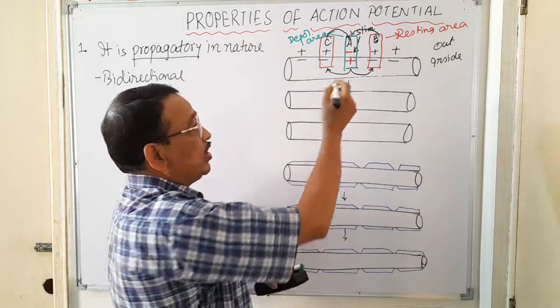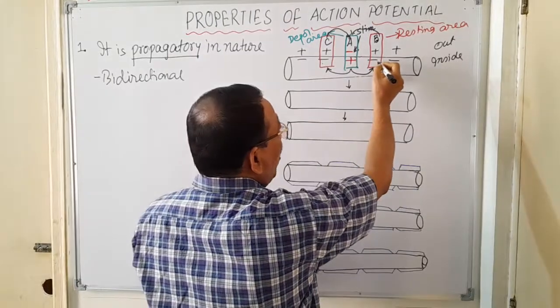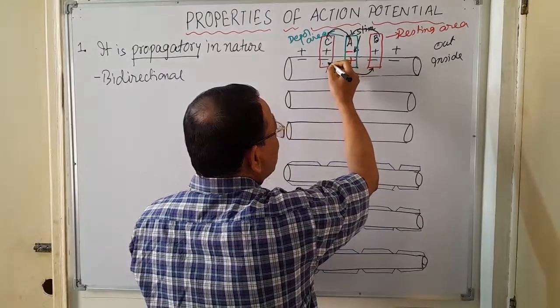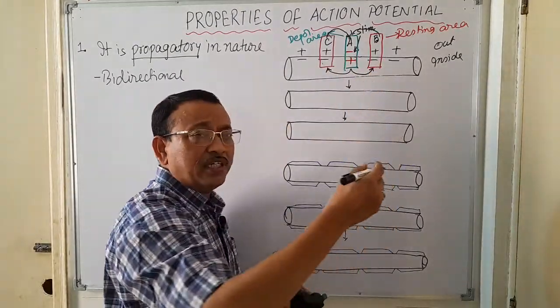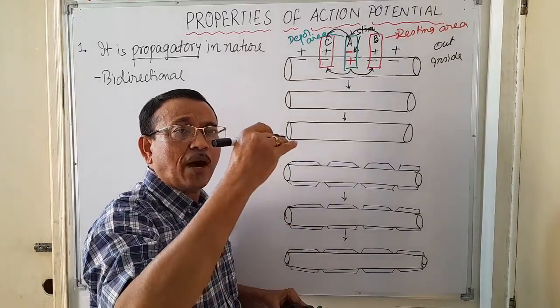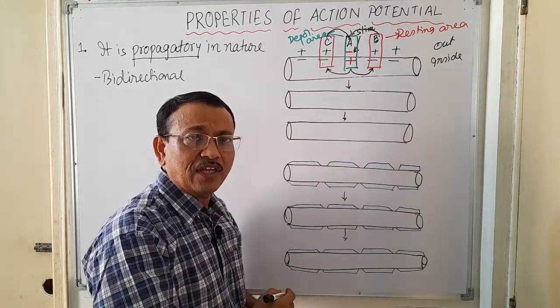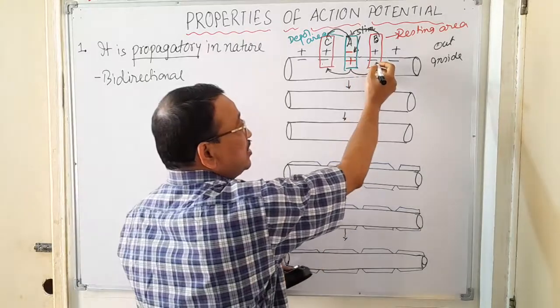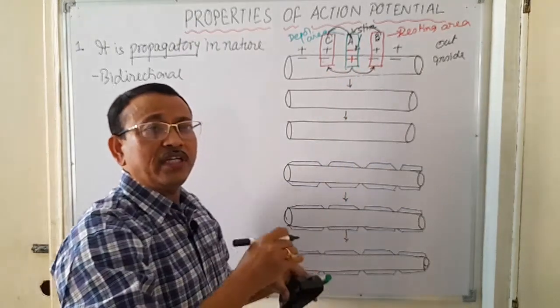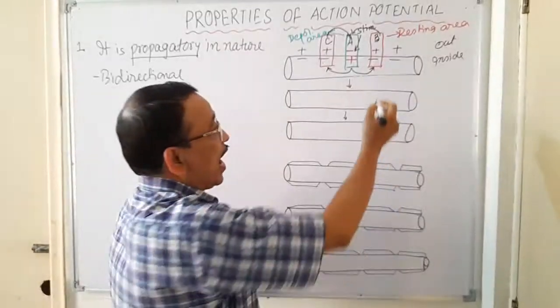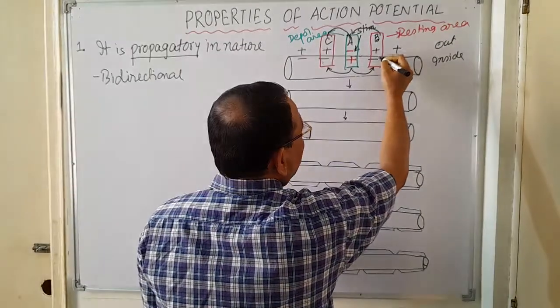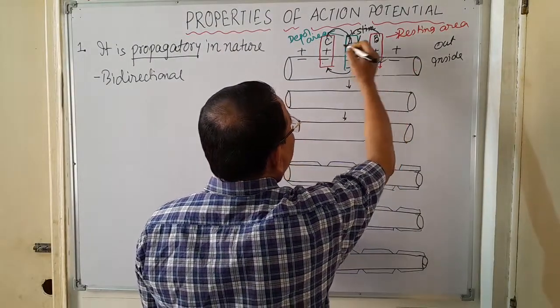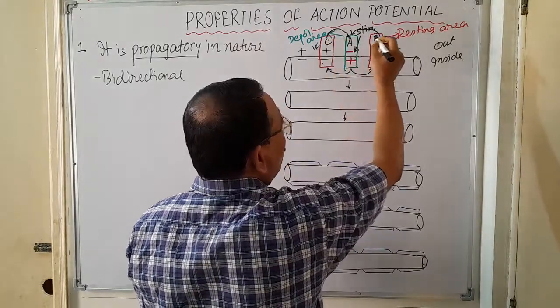That means the inside electronegativity at point B and point C will be decreased up to the firing level. Once the inside electronegativity reaches the firing level, at that particular point B and particular point C, what happens?